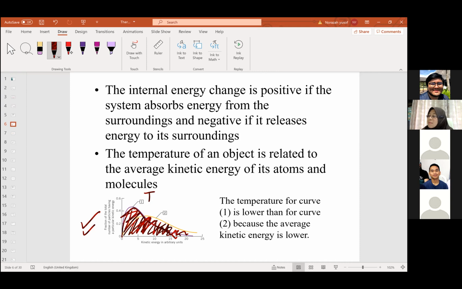Okay, I'll change the color. So you can see that they have different fractions of the molecules that have a specific amount of kinetic energy at different temperatures. So imagine that this is T1 and then we have T2.